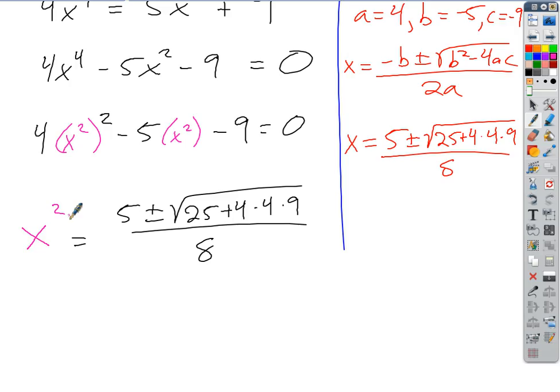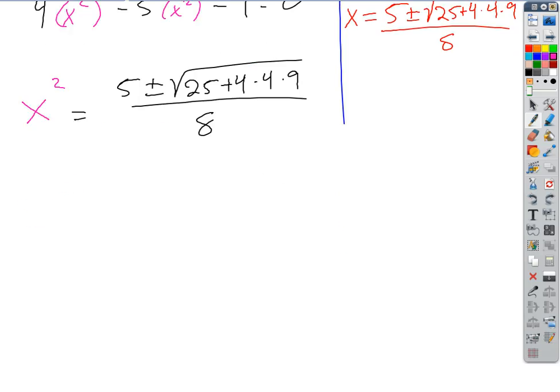What goes out front is x squared, right? And so we're going to get an answer for x squared from the plus part and one from the minus part, and then we'll see what those solutions are in each case. If we take the plus, we get x squared equals 5 plus the square root of 25, 36 times 4 would be 144, 25, 169.